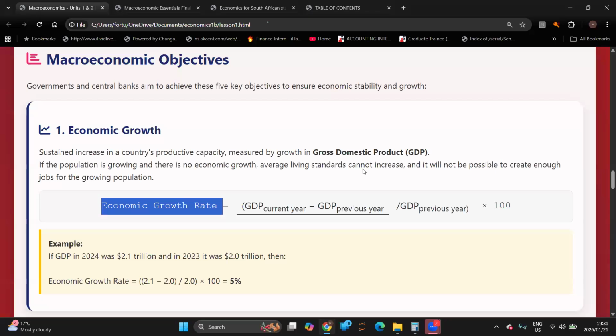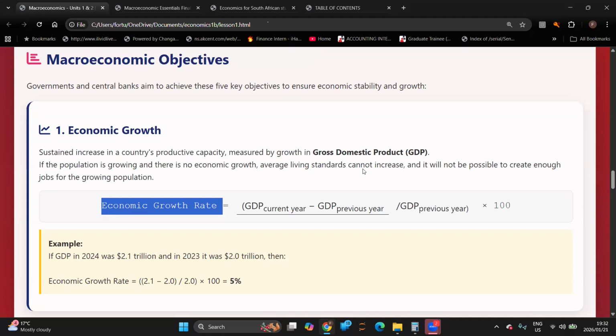So we've talked about the distribution of income and wealth, reduction of poverty. That is also true. The greater the growth of the economy, it means that the standard of living of an average citizen is likely going to increase as a result. So you'd see that most of what we refer to as first world countries are countries that have been able to grow their economy at a much faster rate than their population growth rates.